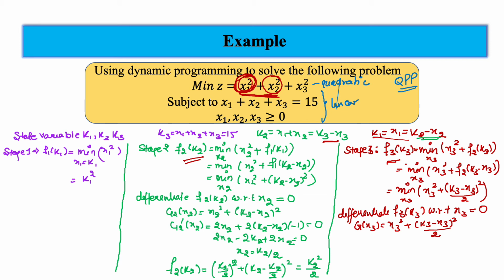Now differentiate it. When you differentiate, you get 2x3 plus, the 2 will get cancelled out, so it is (k3 minus x3) into minus 1, equals 0. When you solve it, you get x3 equals k3 by 3.